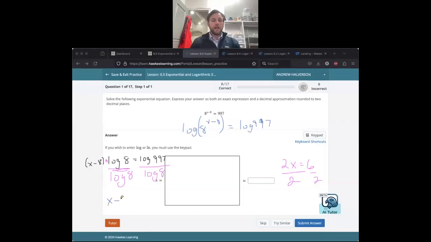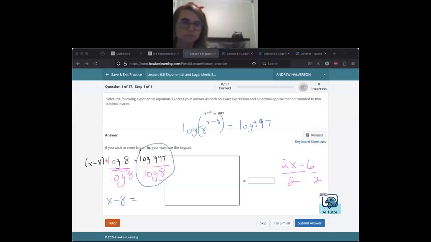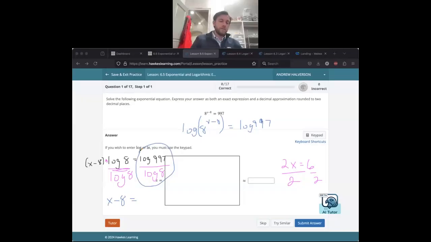And so what that gives us is x minus 8 equals this thing here. Calculator time. Find the log of 997 and divide it by the log of 8.